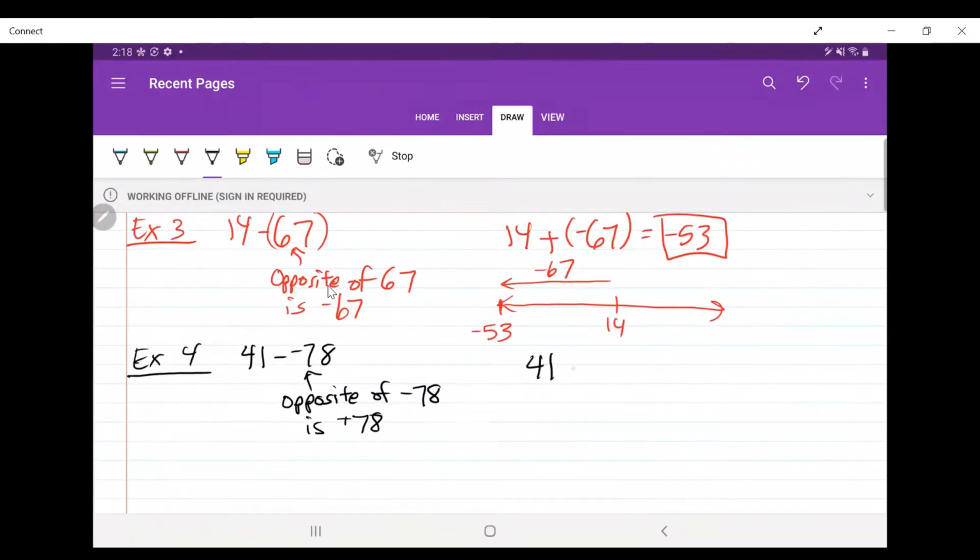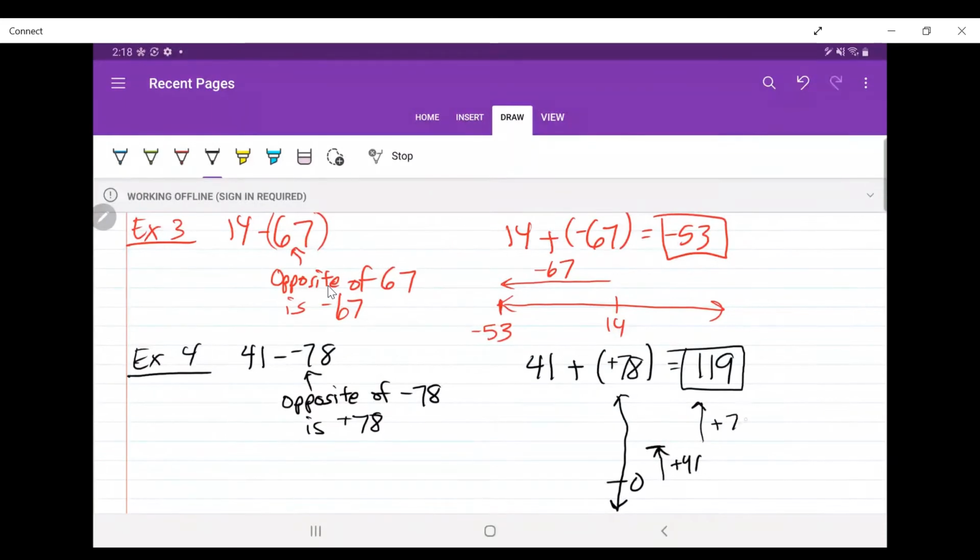So 41 plus 78 is equal to 119. You can think of the thermometer again. Here's 0, you go up 41, and then you go up 78, and that's going to give you 119.